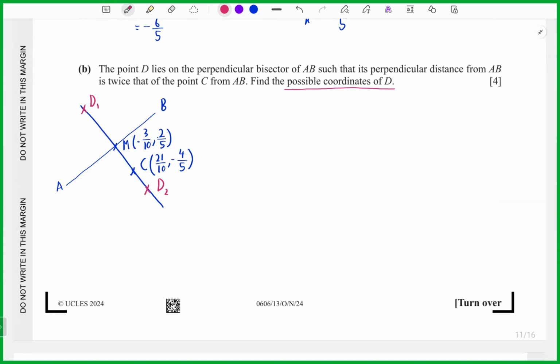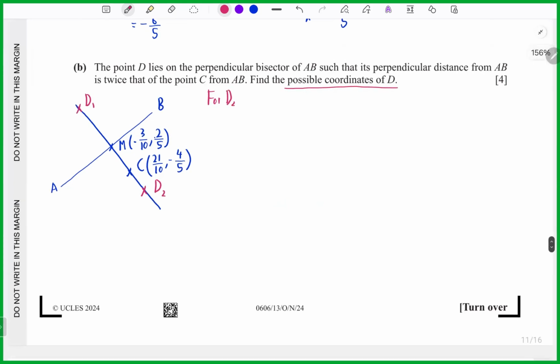Let's see, for D2. You see these are D2s, right? Because the question also mentions that DM, this is your distance, equals 2 times distance CM. So for D2, this is your straight line, this is your D2, this is your M, and then this is your C. For this case, D2M equals 2 times CM, right?